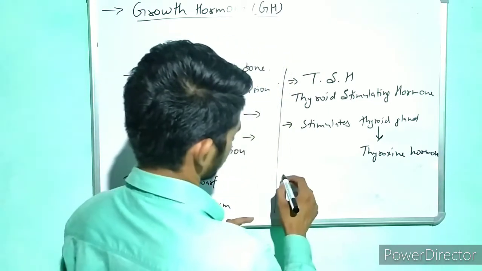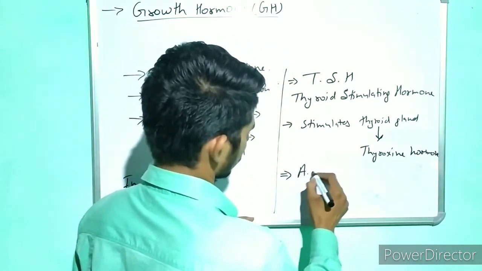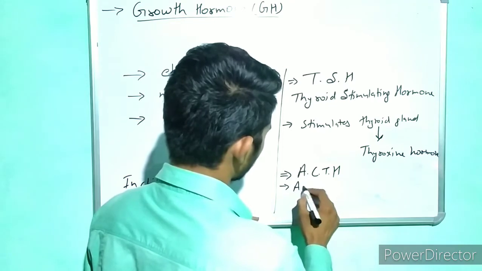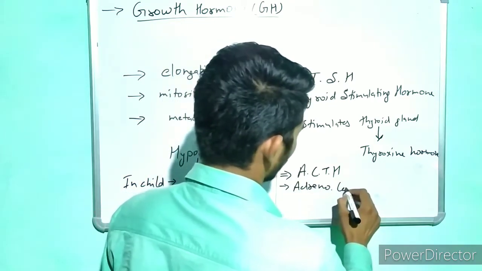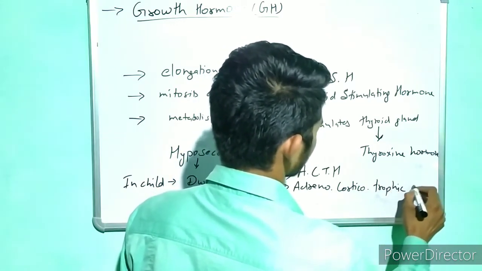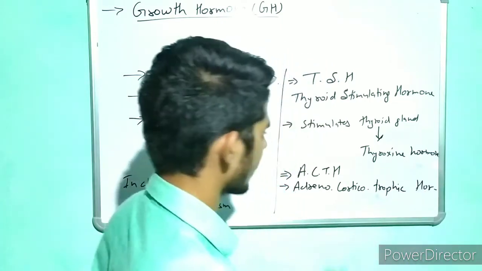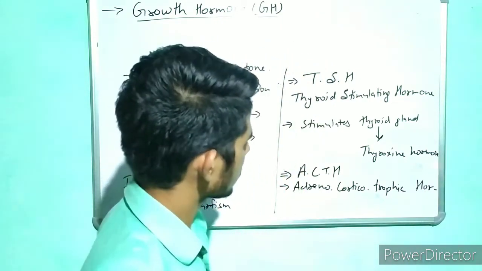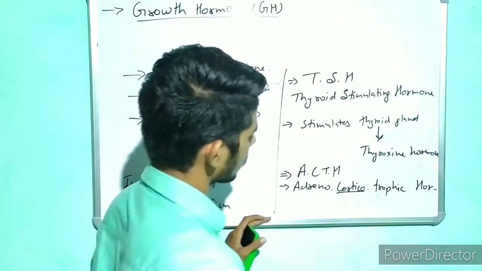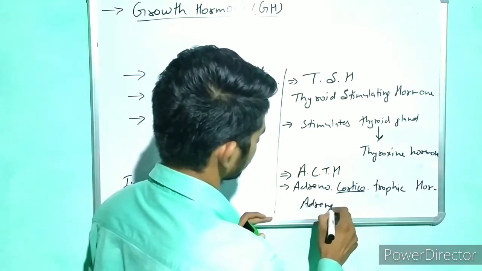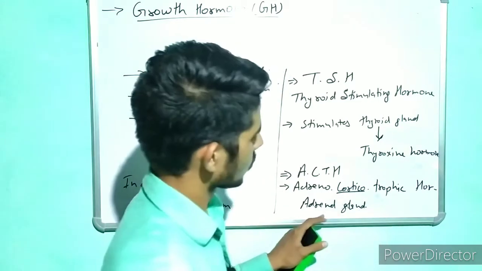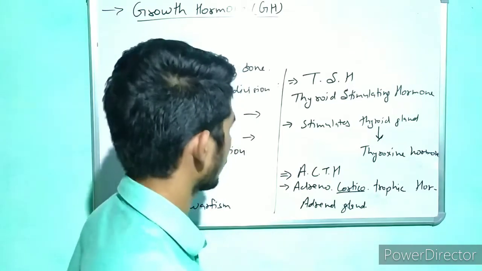And now ACTH hormone. ACTH is adrenocorticotropic hormone. As the name indicates, the ACTH hormone of the pituitary gland affects the cortical part of the adrenal gland to produce certain hormones.